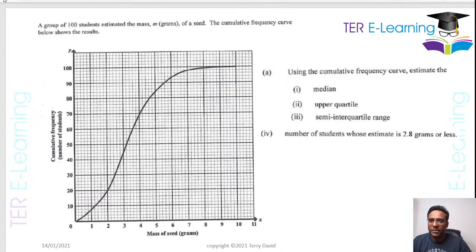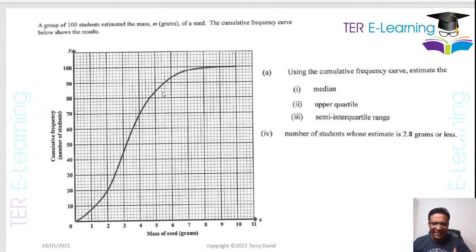In this video, I'm going to be looking at some questions pertaining to trigonometry, geometry. I just wanted to do this particular question here on a cumulative frequency curve. Within recent times, I've noticed that CXC's questions are slightly different from what they typically bring. A typical question on a cumulative frequency curve would allow you to plot a curve.